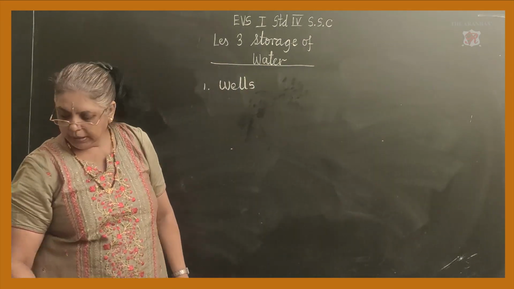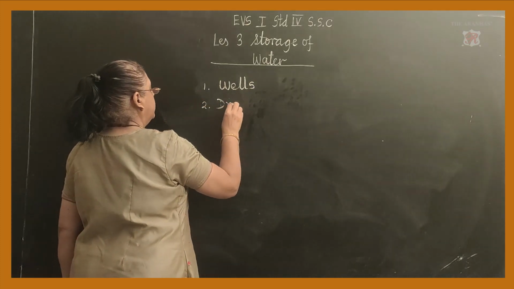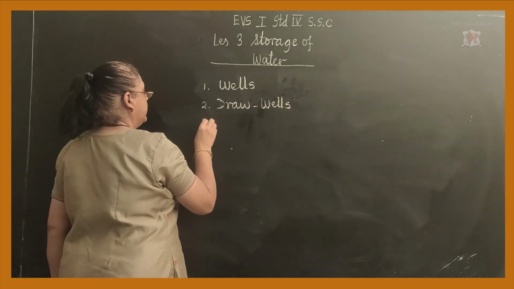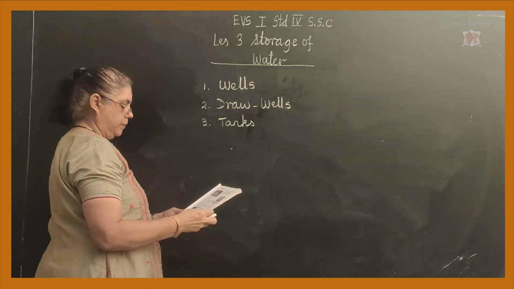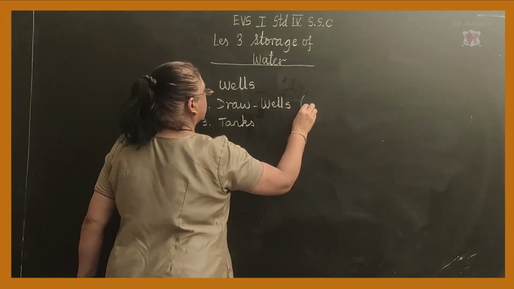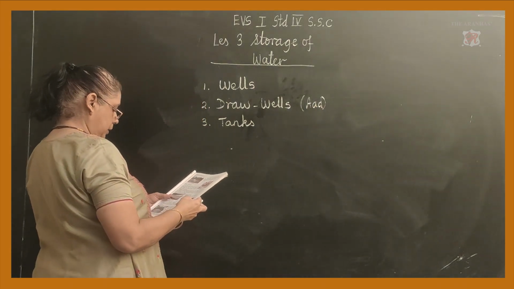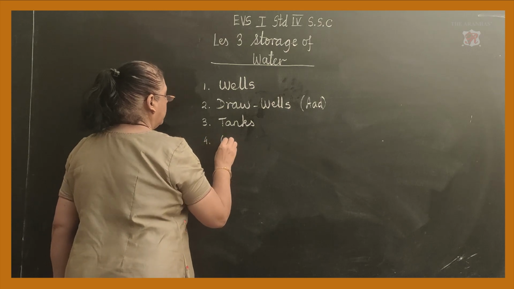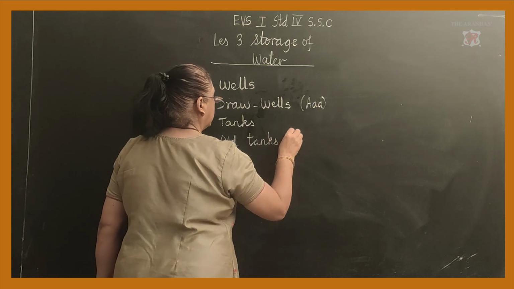Now these are all the old methods. So wells, draw wells, tanks. Draw well is also called art. There is another name for draw well, that is called art. Tanks, then old tanks. Old tanks are also called hound.